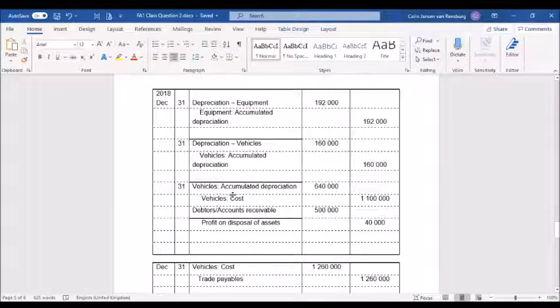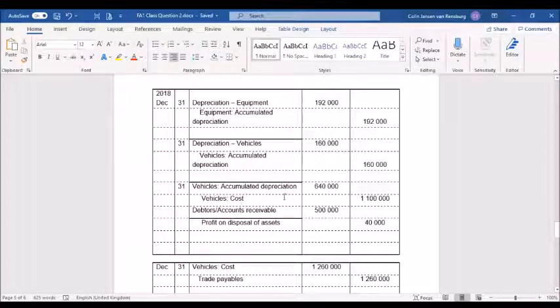Remember, if you acquire it, you will be debiting the cost of that item. But now you've credited it, so you're taking the cost out of the account, so it is the process of de-recognition. So that can only represent a disposal.